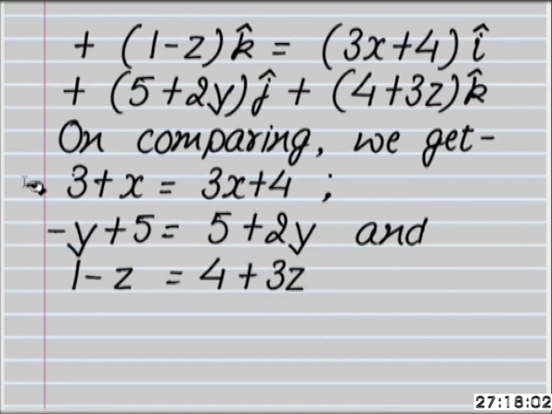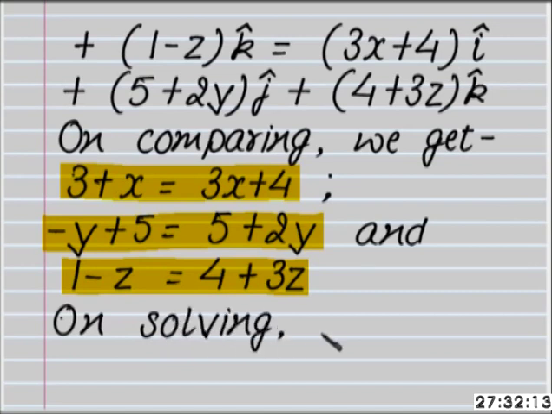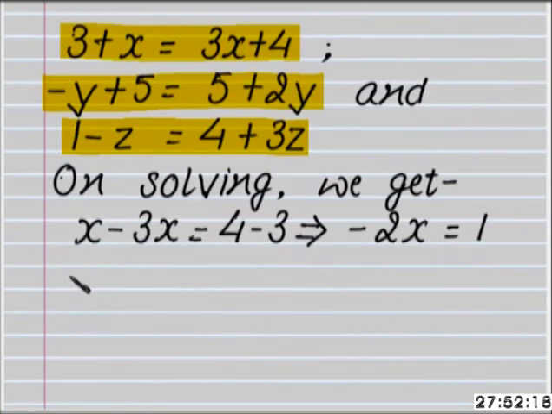So we get 3 linear equations. On solving, we get x minus 3x is equal to 4 minus 3, implies that minus 2x is equal to 1, further implies x is equal to minus 1 upon 2.